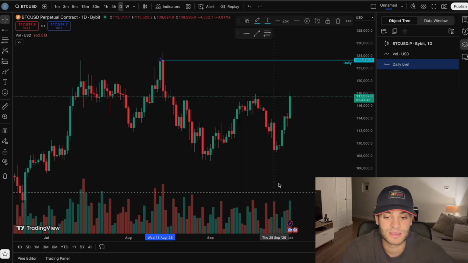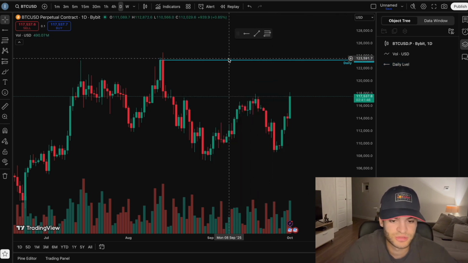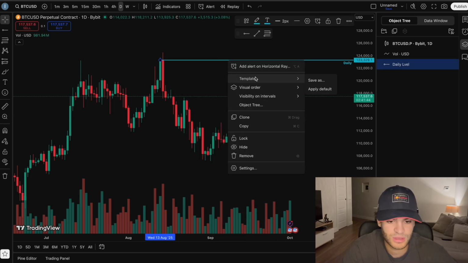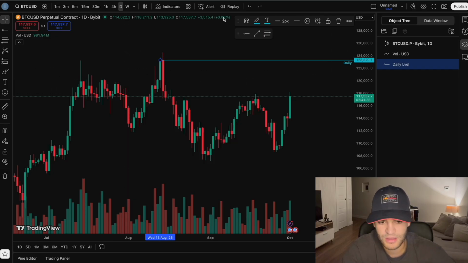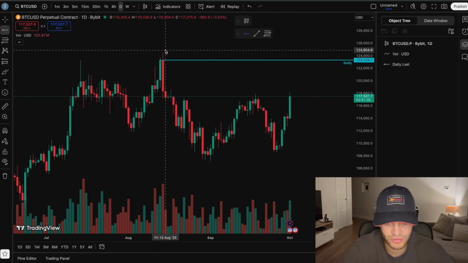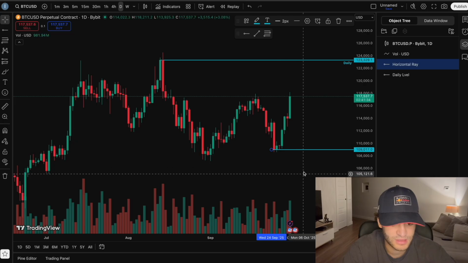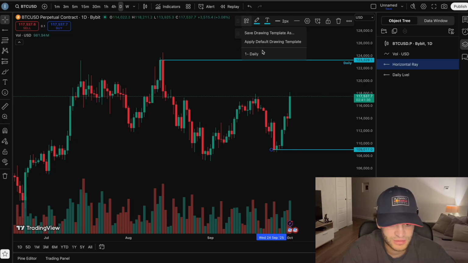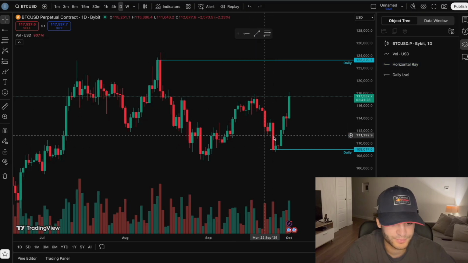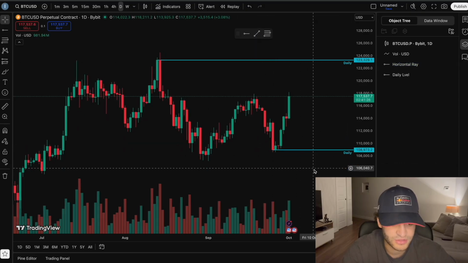And this is how I trace my levels. And so then you go template, you save as, and you do, for example, 1 daily. So now, every time that you use the horizontal array, for example, let's add another daily level here, you can simply click on this thing right here, and you will see daily. And you can quickly place your level.